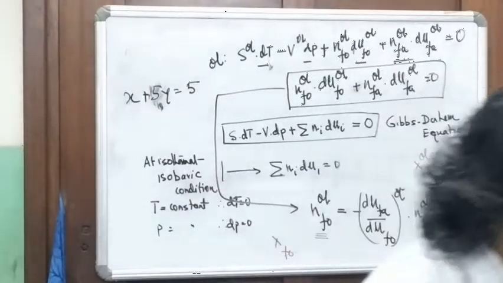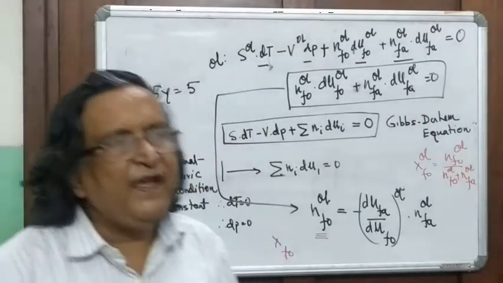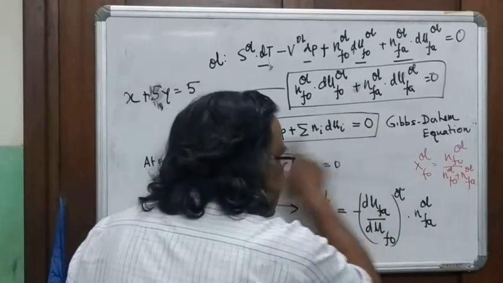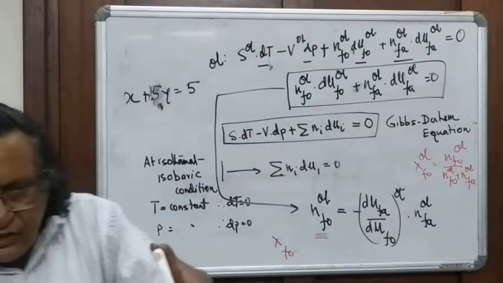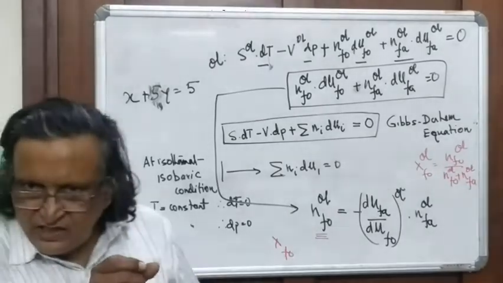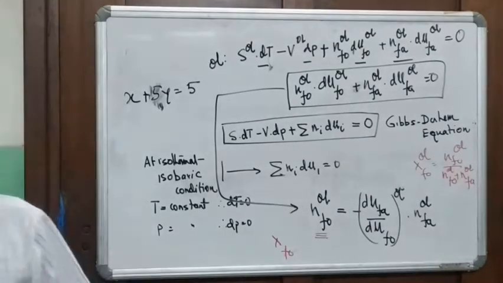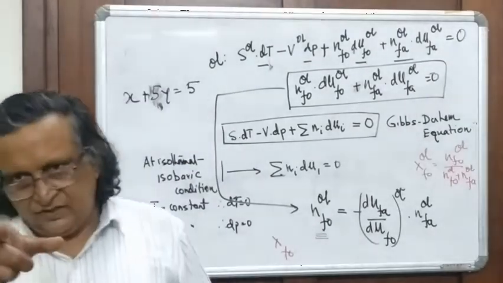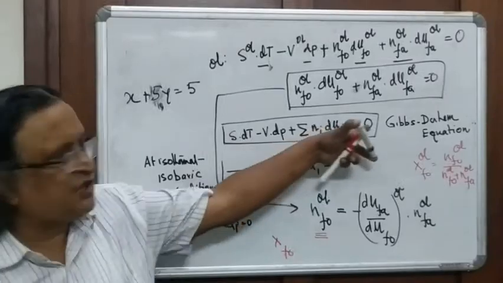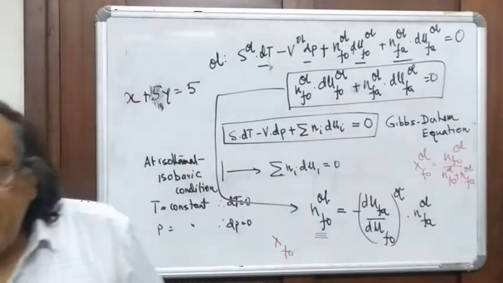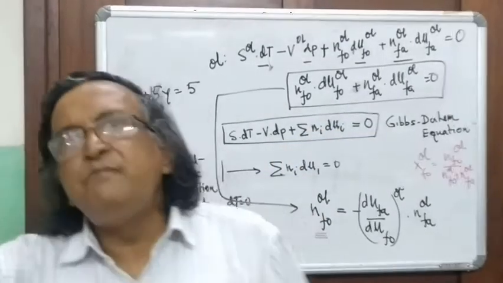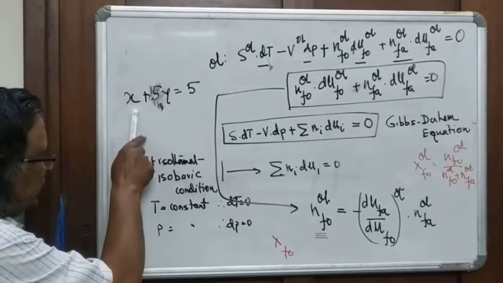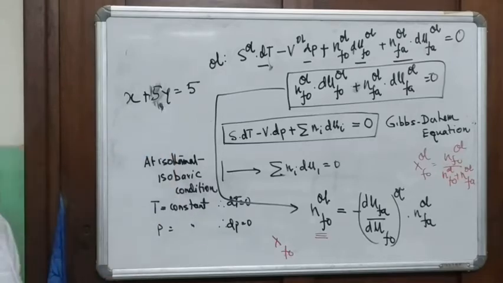Now that is very important to tell you that the Gibbs-Duhem equation essentially links all the variables, including temperature, pressure and the different moles, into one single equation. But all the variables here are not independent variables. There are also dependent variables. Just like x plus 5y, if you put x equal to 2, then y will have a fixed value.